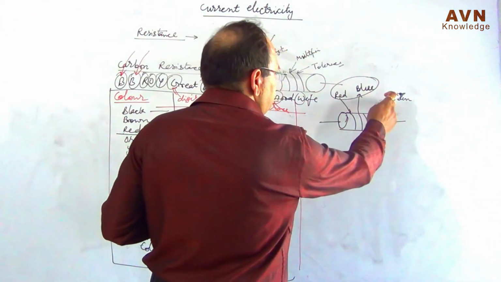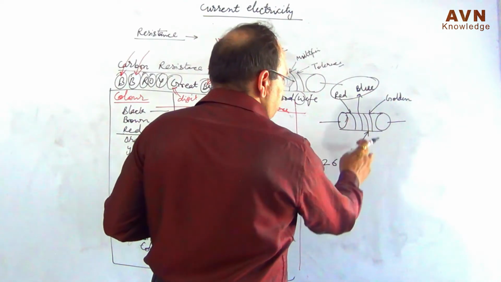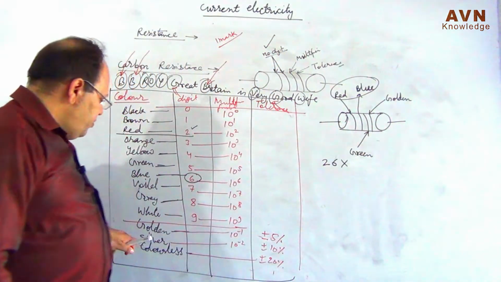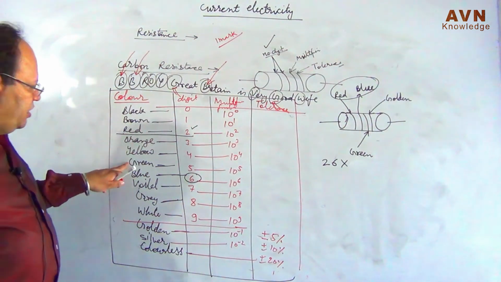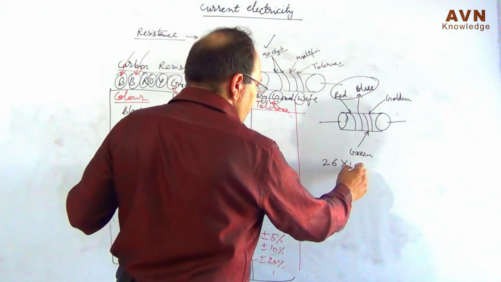The third strip is green, and green is number 5, so the multiplier factor is 10 raised to the power 5.